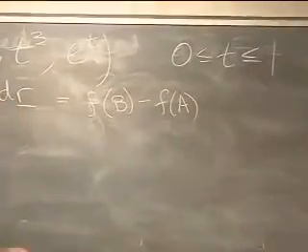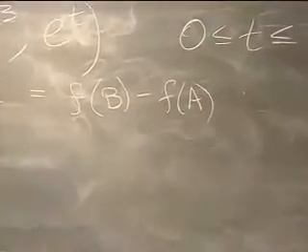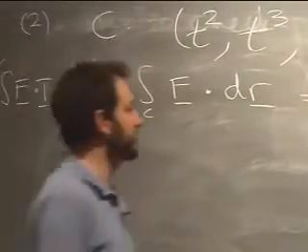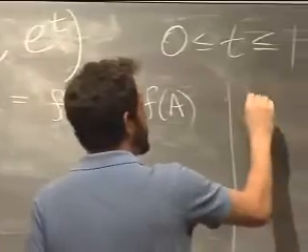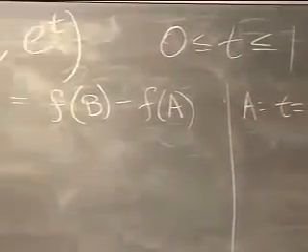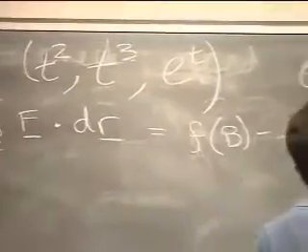where we have to find all 3 of these things. We have to find little f, we have to find a and b. Well, let's do the simple thing first. A is the beginning. So to find a, you set t equals 0, and you get 0, 0, e to the 0.